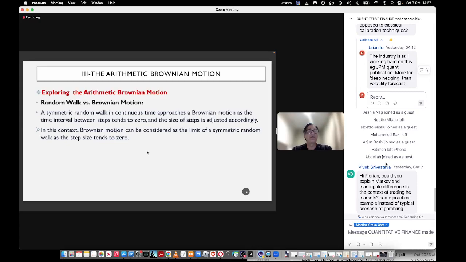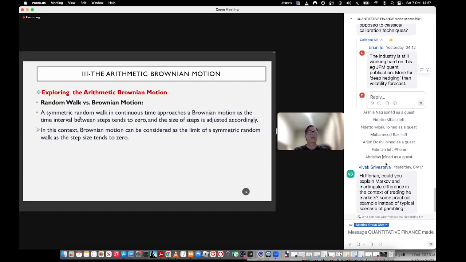Now, what we say is that the symmetric random walk in continuous time approaches Brownian motion. What does it mean? It means that when you scale the number of steps and you increase the number of steps in your whole horizon, you will have a kind of Brownian motion.